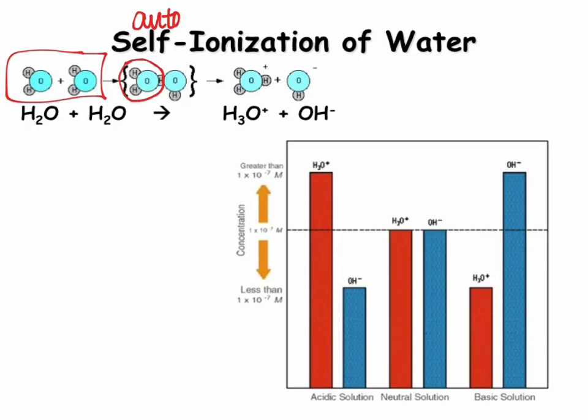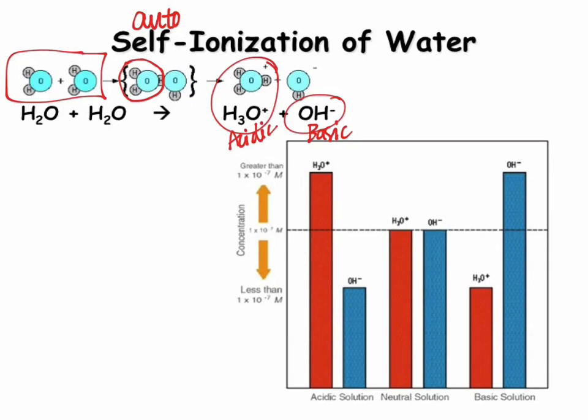And when it does that, we end up with an H3O plus, which is acidic, and we end up with an OH minus, which is basic. This is continuously happening. And that's why we say that water is an acid and a base, because it's continuously doing that in that situation. Okay? It's all the time doing it, ripping itself apart.